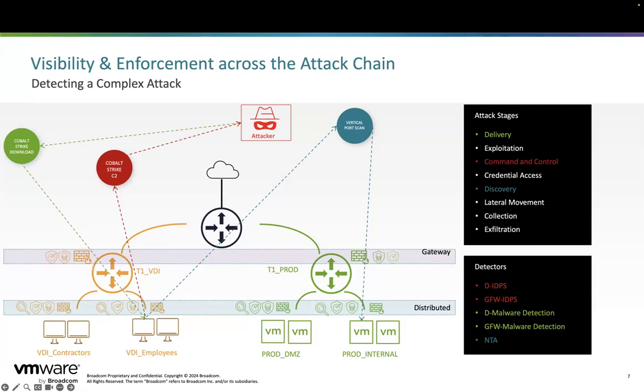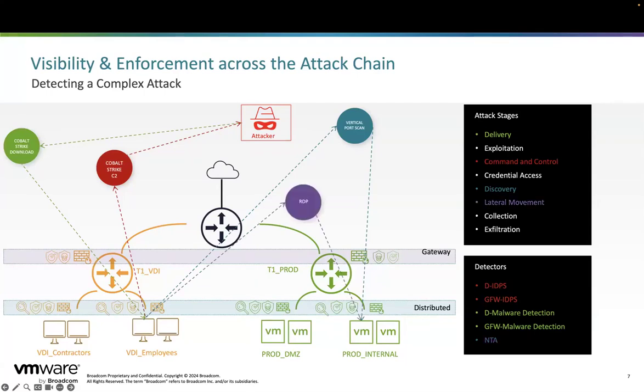If an attacker gets into a virtual desktop and starts running port scans, you have systems talking to each other that historically have not talked to each other, and that traffic is identified as anomalous. NTA can help in that space.